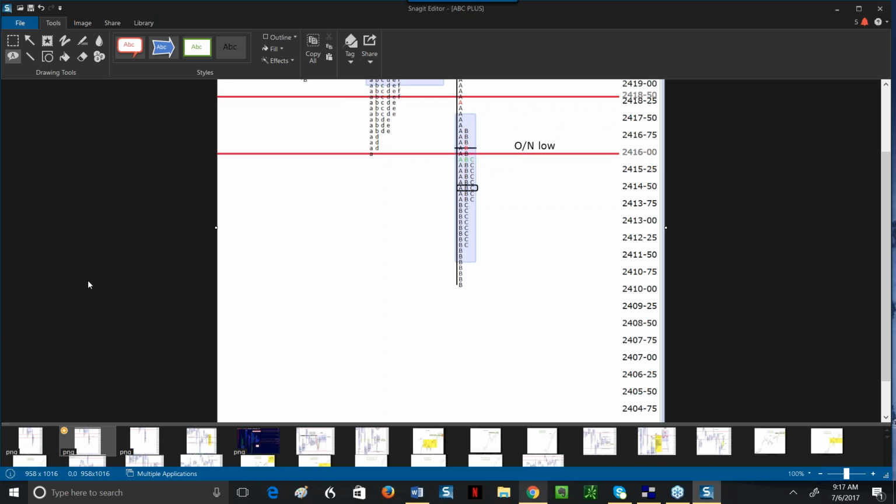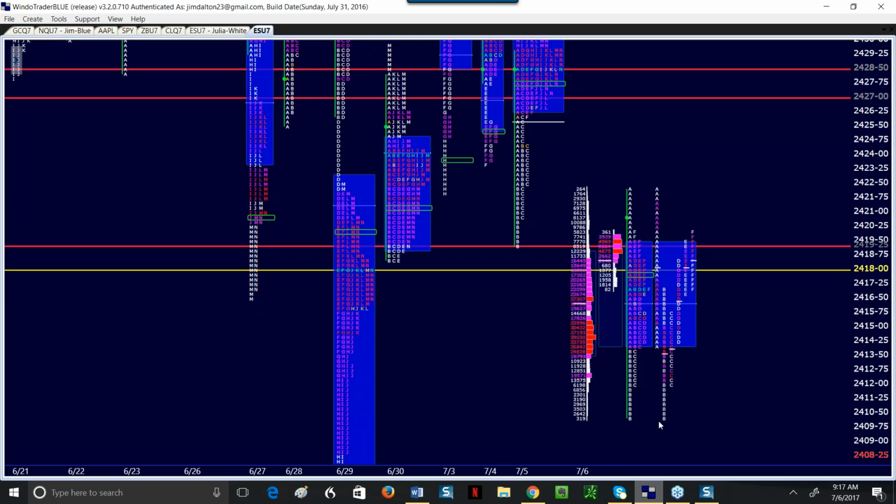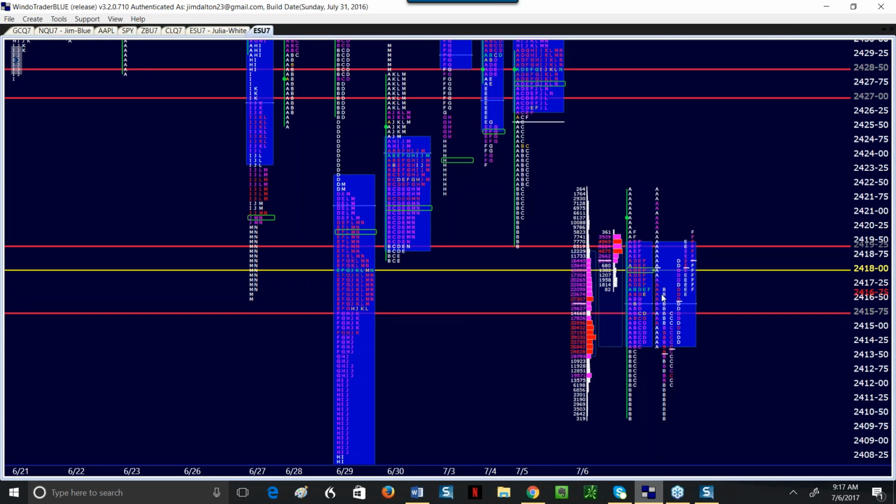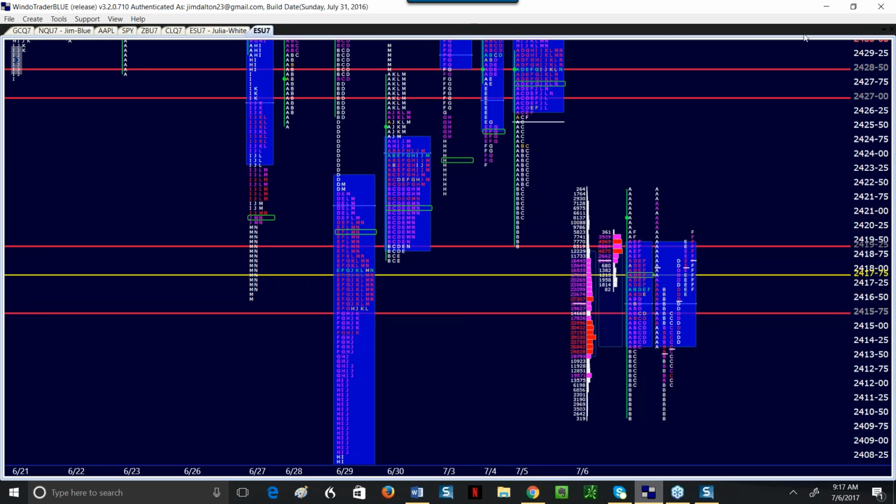Let's go back for a second. That price would have been 24.1575. If we go back over to the market, there is 24.1575, and you can see the market did come strongly back up through that level.